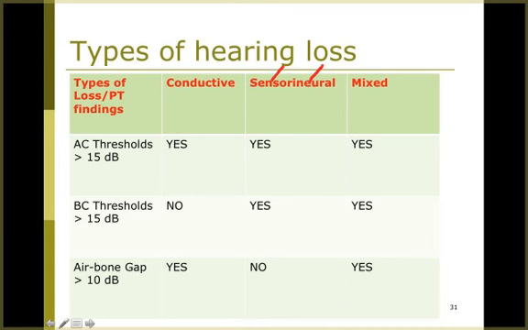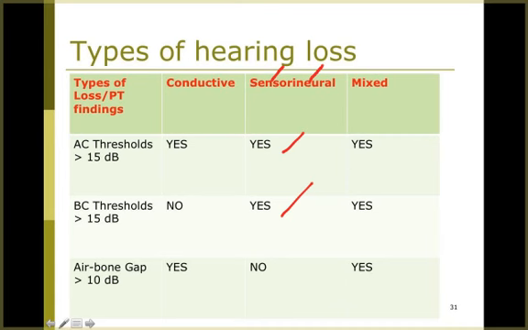But based on pure-tone audiometry, either way, the problem is going to show up as a sensorineural hearing loss. Again, the air conduction thresholds are going to be naturally affected. So this person has a hearing loss, so that would be yes. But for a sensorineural hearing loss, the bone conduction thresholds are also affected. In other words, the bone conduction thresholds are going to be more than 15 decibels, telling us that even if you were to bypass the external ear and the middle ear, things don't return back to normal.